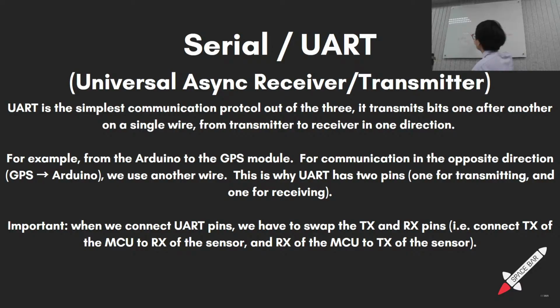That could mean it's transmitting a number, for instance, from 0 to 255, which is what can fit in 8 bits. Sorry, 255, off by 1. It's transmitted in one shot. That's why this is a parallel port.